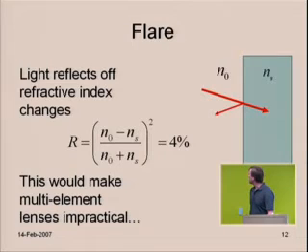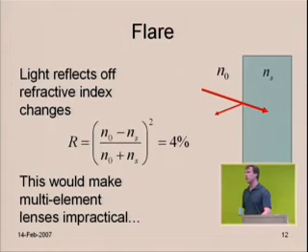So in the early part of the 20th century, this reflection off of glass surfaces made it completely impractical to have many element lenses. They would typically have lenses with, say, 6 elements cemented into 2 groups.